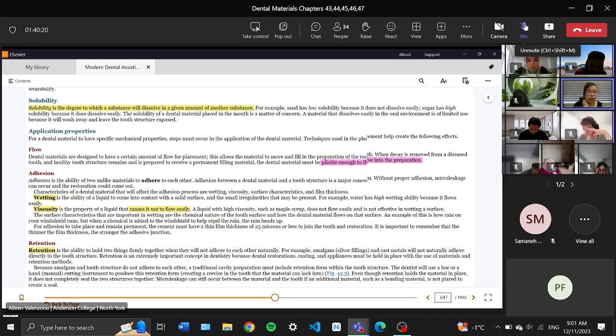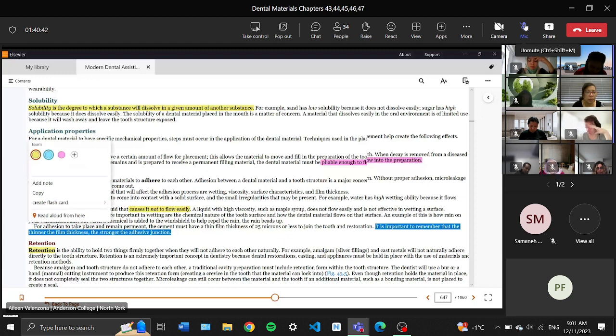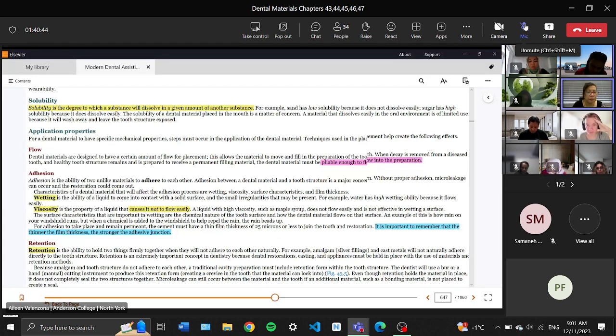For adhesion to take place and remain permanent, the cement must have a thin film thickness of 25 microns or less to join the tooth and restoration. It is important to remember that the thinner the film thickness, the stronger the adhesive junction. Do you get that? That is important also. The thinner the film thickness, the stronger the adhesive junction.